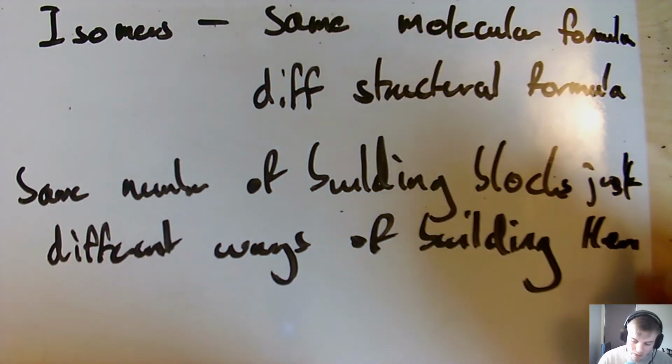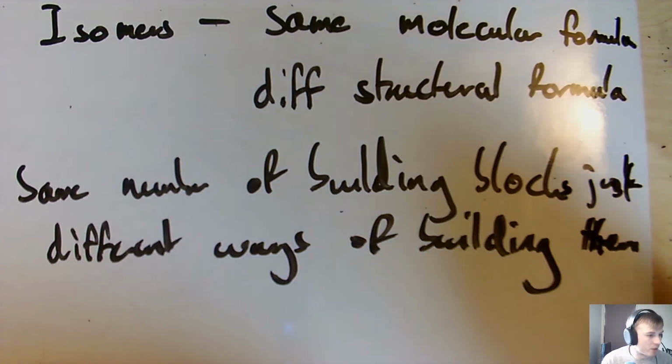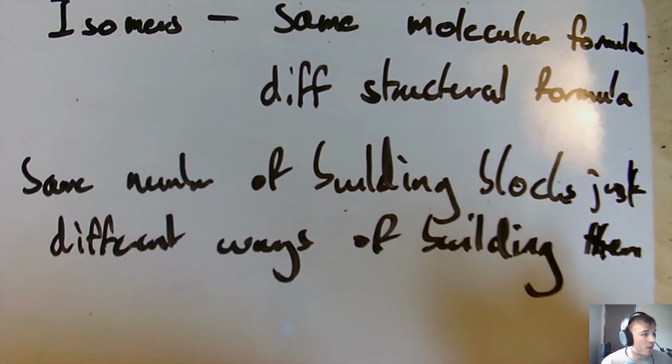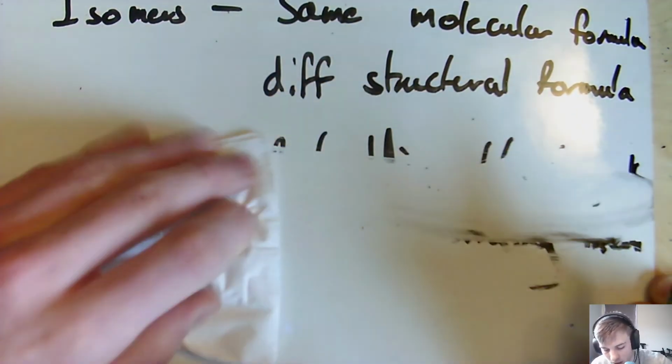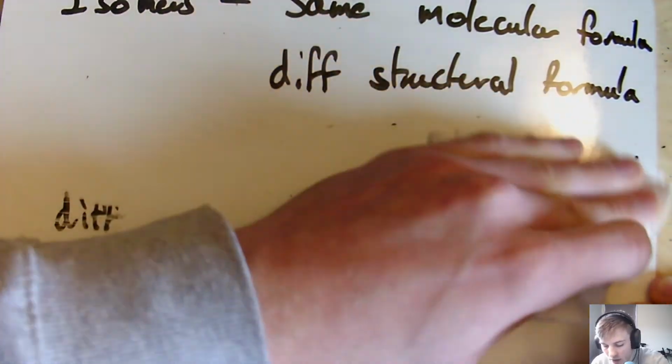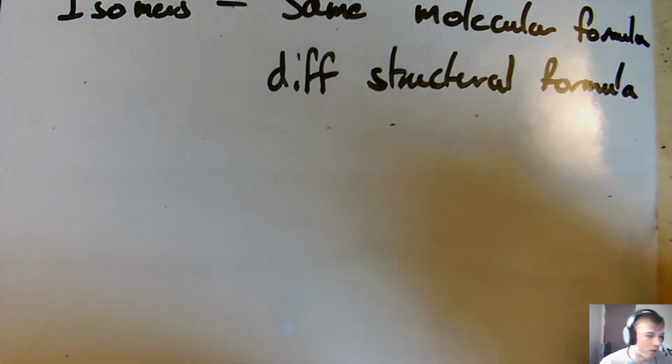Apologies, handwriting's pretty poor. So basically, they're all just different ways of using the same set of carbons and hydrogens and rearranging them. So there's lots of different ones that you can go through.